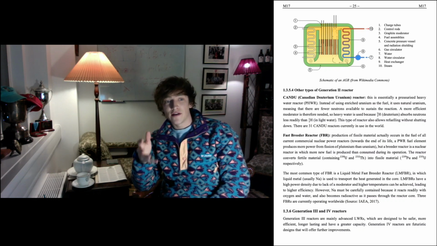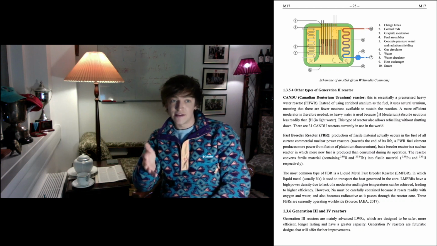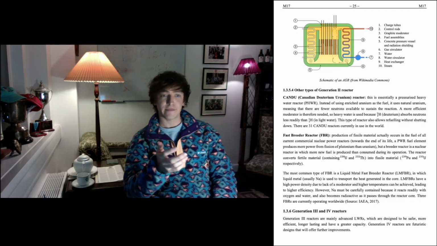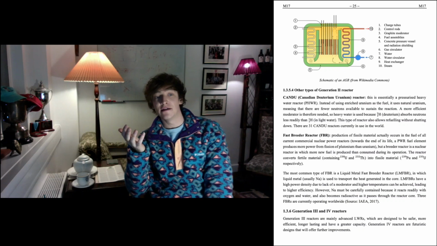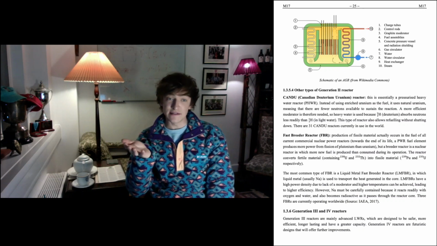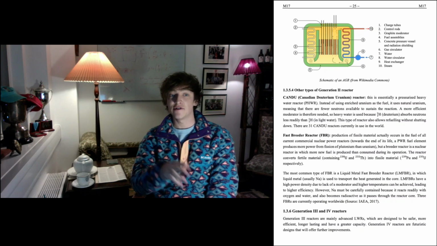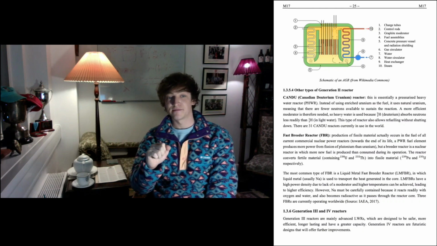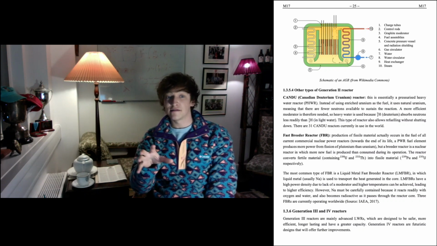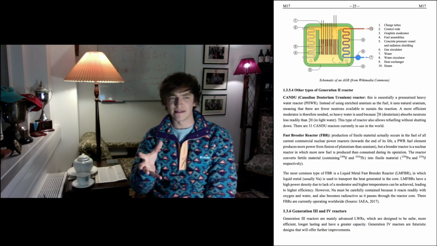It does this by converting fertile material into fissile material, such as transmuting uranium-238 to plutonium-239. Uranium-238 is fertile, plutonium-239 is fissile. And that's a reaction that occurs in all commercial thermal reactors, just not to the same extent as in a fast breeder reactor.